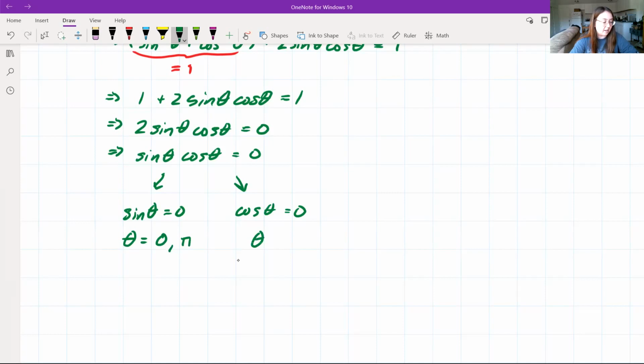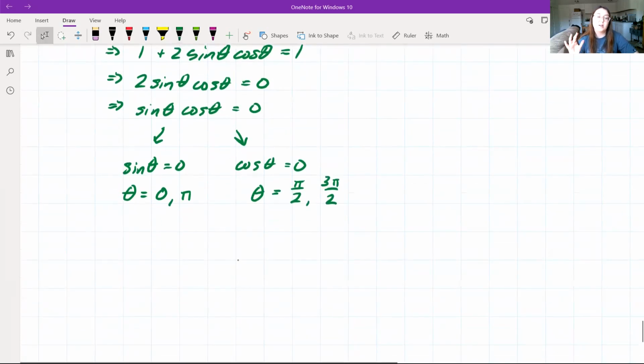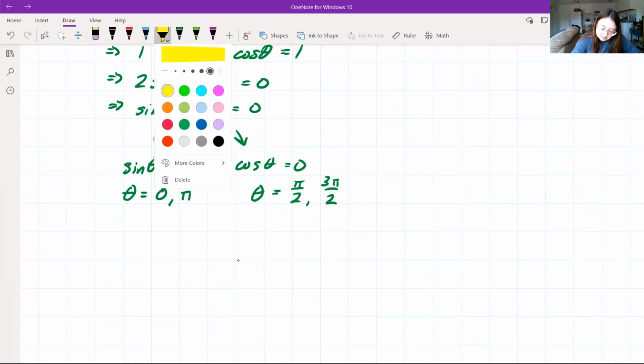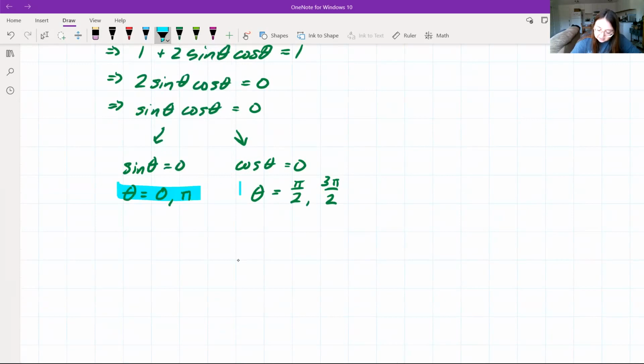And the values of theta that would make cosine theta equal to 0 would be pi over 2 and 3 pi over 2. So these are going to be the solutions that we need to check. These are the current solutions, but we have to check and make sure they're actually solutions. So we'll highlight these in blue, but just know they're not our final answer.